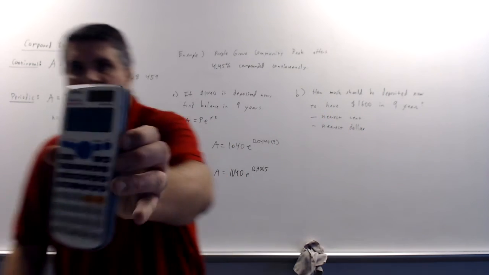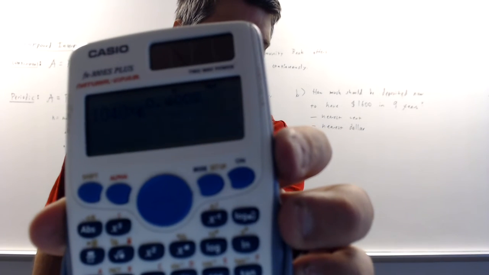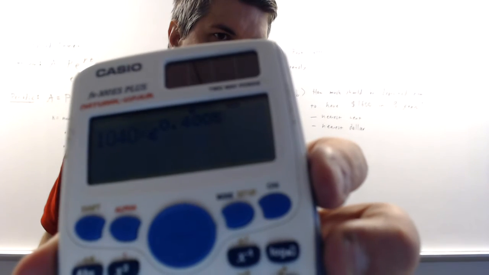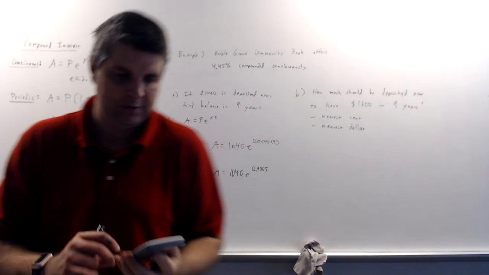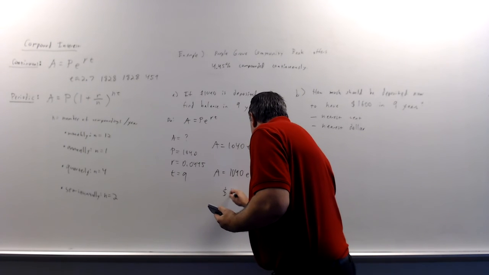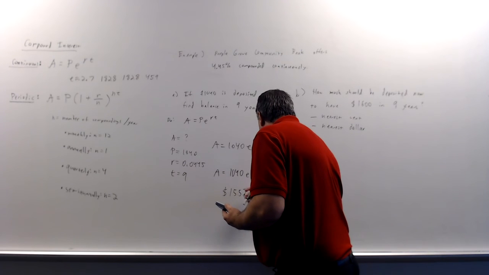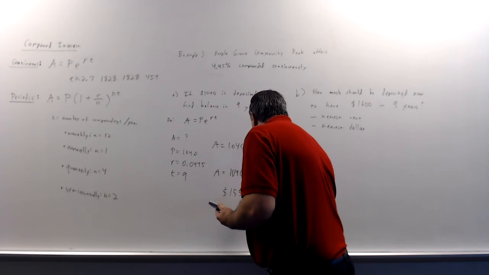This is what it looks like on the calculator that I'm using. And rounded to the nearest cent, that's 2 decimal places, 1552.27.